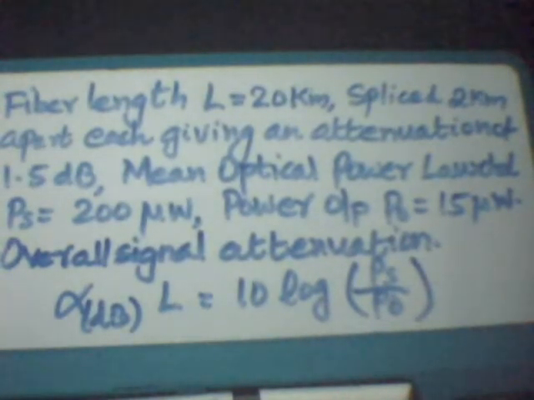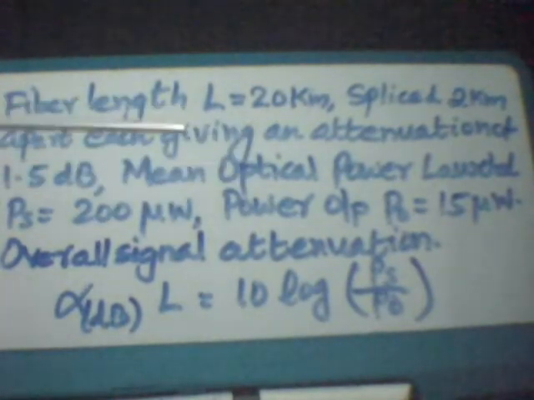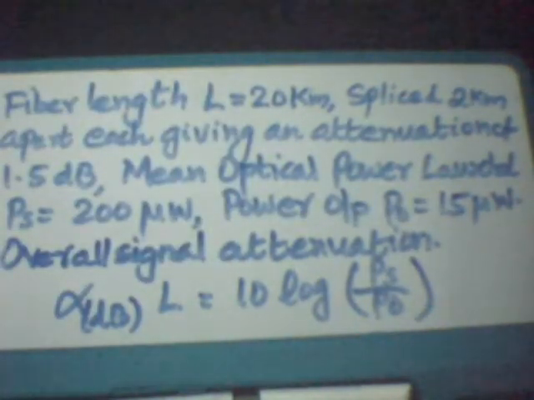You are given the mean optical power launched into the fiber, that is the power input, is 200 microwatt, and the power output of the fiber is 15 microwatt. You are asked to find the overall signal attenuation in dB.